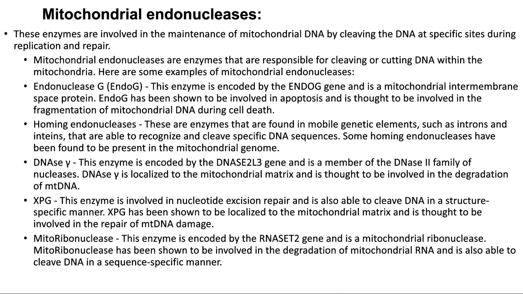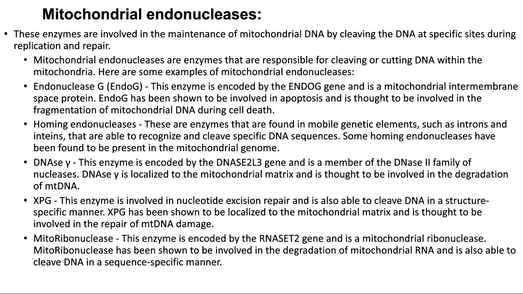We also have the ones you find in the mitochondria. Remember that apart from the nucleus, the mitochondria and the chloroplast are two places where you can find DNA. Okay, so in these places we have endonucleases that help in one function or the other.